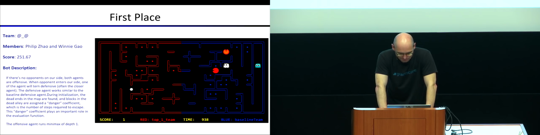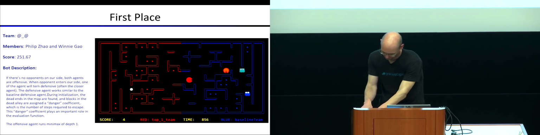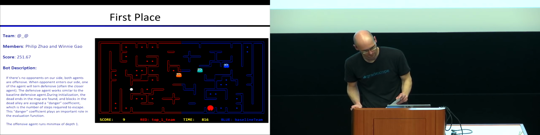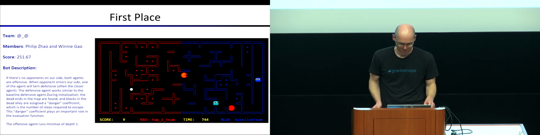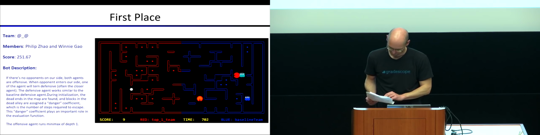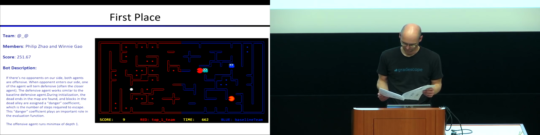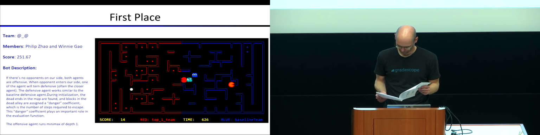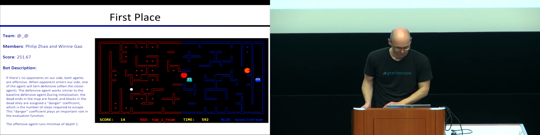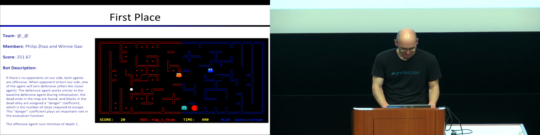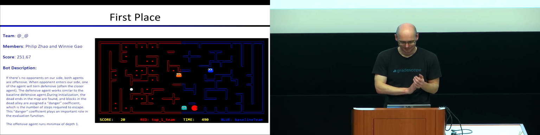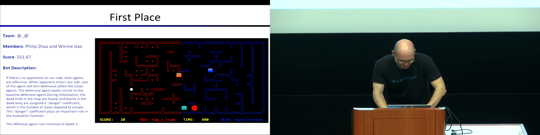Let's see this in action here. Zero food pellets left on the other side.